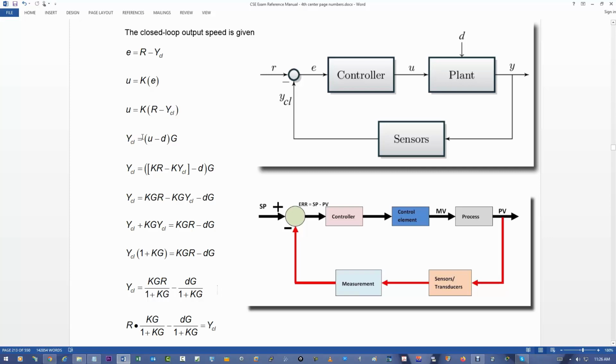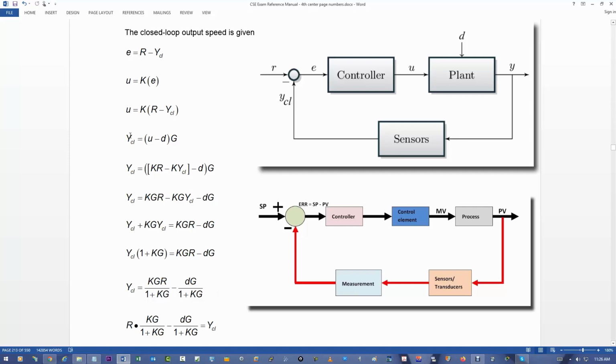Then YCL, the output of the plant or the process, equals U, the manipulated variable, minus the disturbance times the gain of the plant. Now, in all this, if you want, you can just set this D to 0 and ignore the disturbance, and all the DGs will drop out. Even down here, this will be 0, and 0 divided by 5 or 5,000 doesn't matter. It's still 0. But we'll come back to where we are.